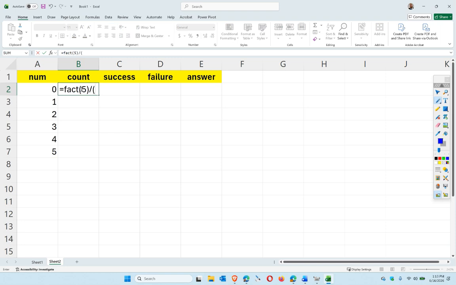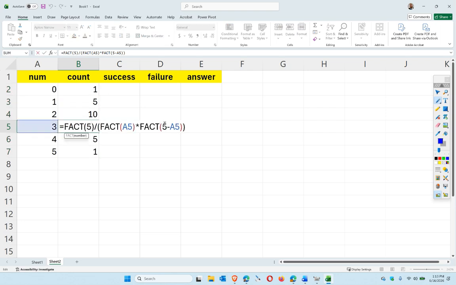Divided by, parentheses, the factorial of, this is 0 successes, and then factorial 5 minus 0 successes, correct? Because the number of successes is going to change from 0 to 5, correct? So if I drag this down, boom. Okay, so here, right, it's 3 successes, and 5 minus 3 would be 2, right? So 3 successes, 2 failures, correct?